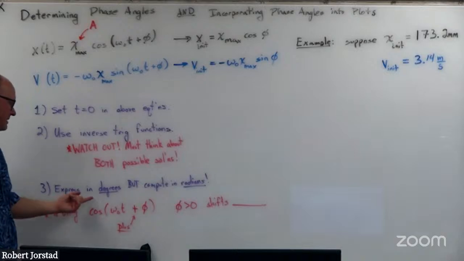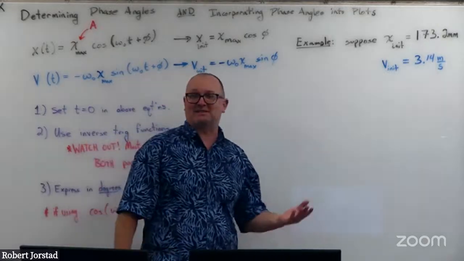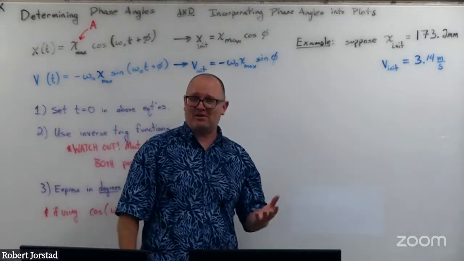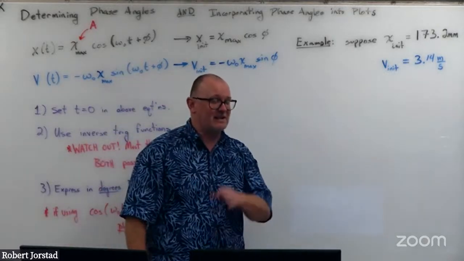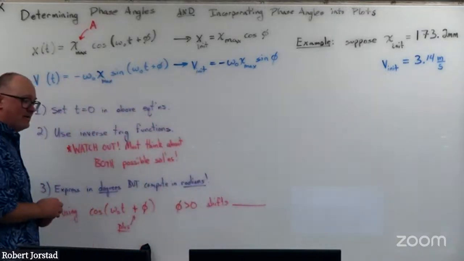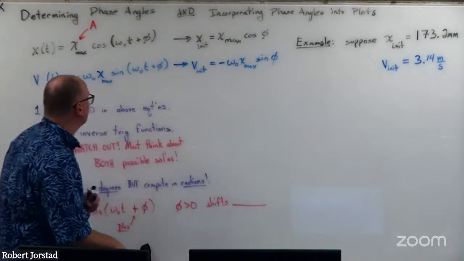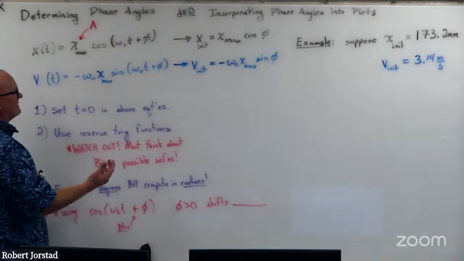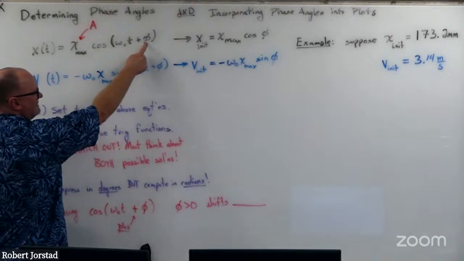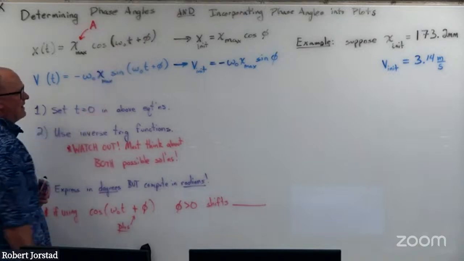Finally, you heard me allude to this already. It's standard to describe phase angles in degrees, even though I know we're doing calculus and we want to compute things in radians. So here is an annoying fact of life. The common practice is you're going to state this in degrees, but compute it in radians.